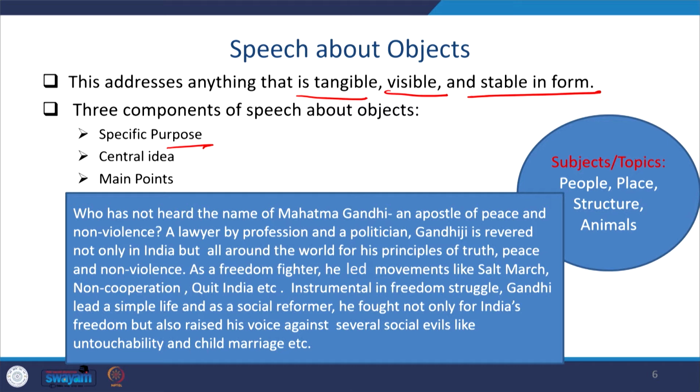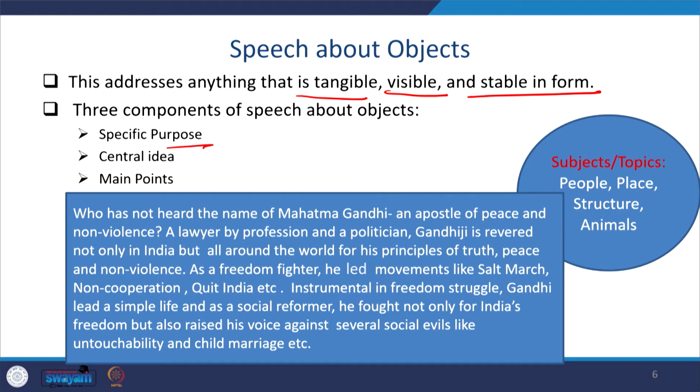Who has not heard the name of Mahatma Gandhi? An apostle of peace and non-violence. A lawyer by profession and a politician, Gandhiji is revered not only in India but all around the world for his principles of truth, peace and non-violence.